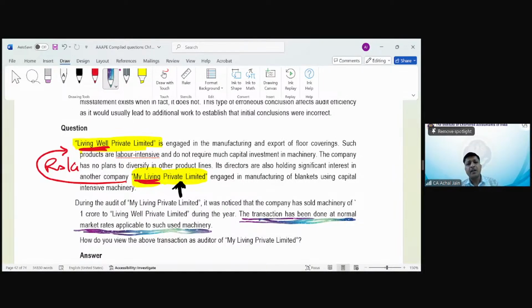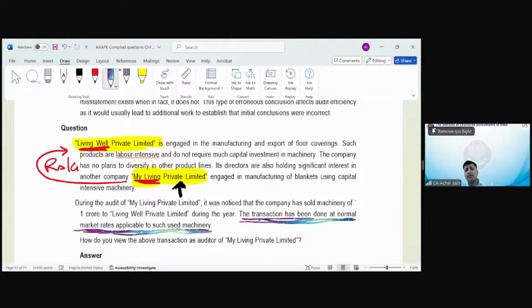Why would any other company, Living Well, want to help My Living? Why would a company want to help another company in terms of inflating its revenue, if that is your concern? Why would anybody do that? Sir, they are not helping, but they are getting money also. My Living is getting revenue, just sale.